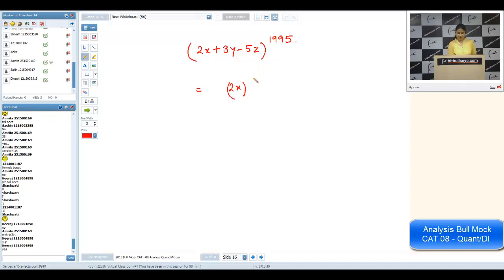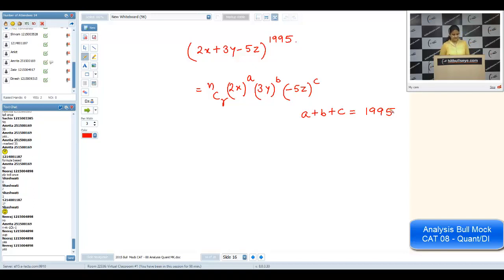If you write any term of this, it will be of this form, in some NCR. I'm writing any general term for this. But the main condition is that the addition of all the powers should be 1995.